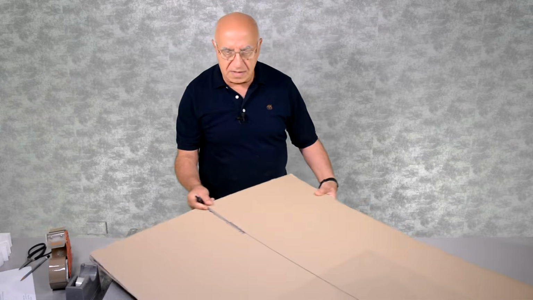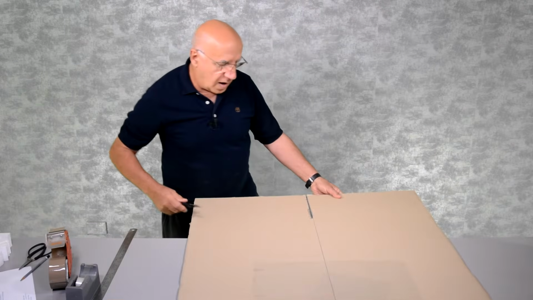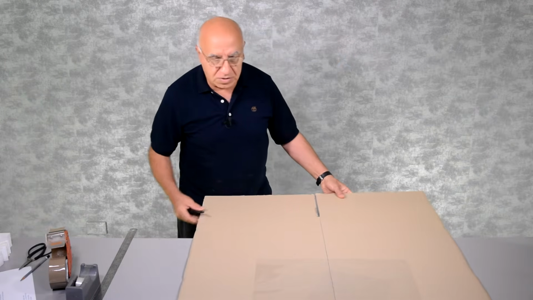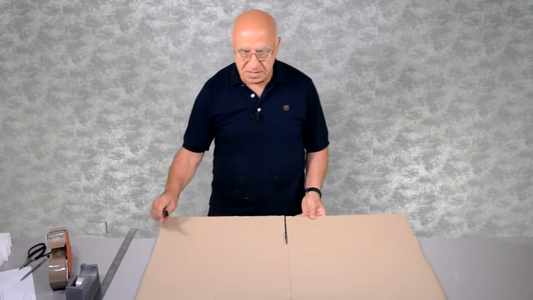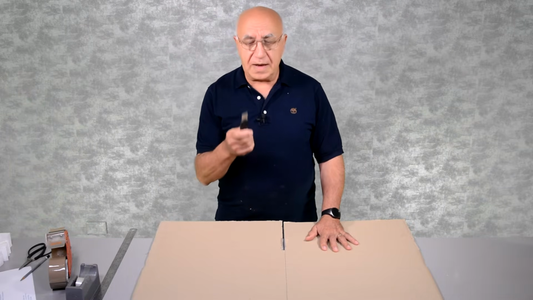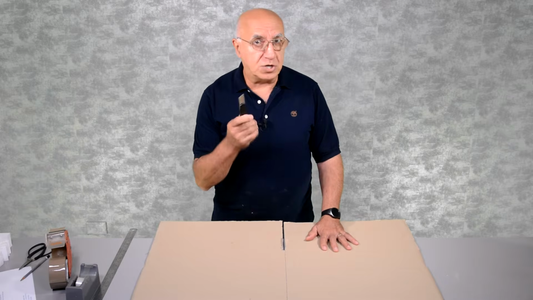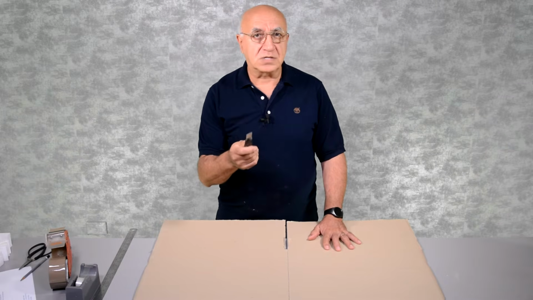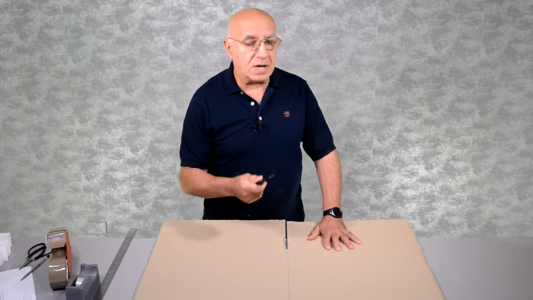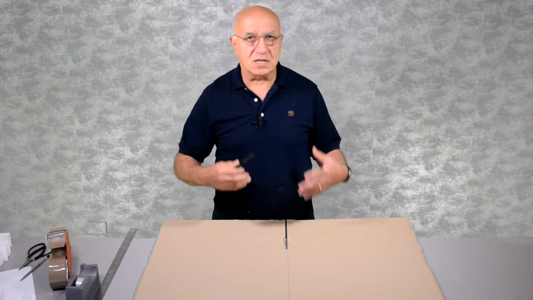Make sure that you're cutting in the air, so the blade goes into emptiness. Make sure you're using a very sharp one, because if the box cutter is not sharp, it will be very dangerous, as you're forcing it to cut. The more force you put on it, the more you may injure yourself.